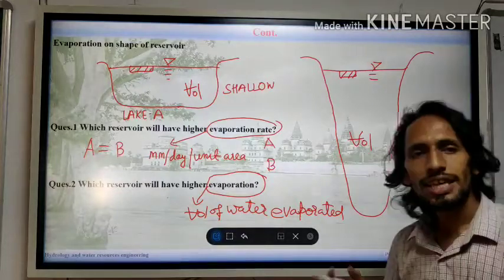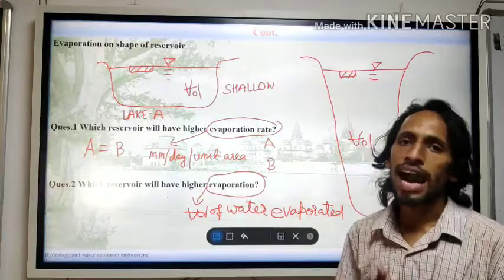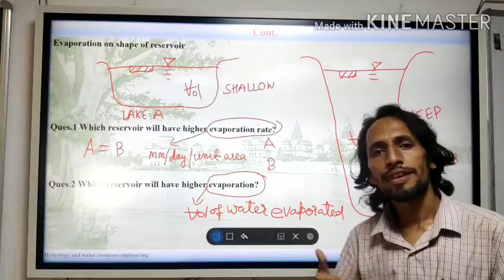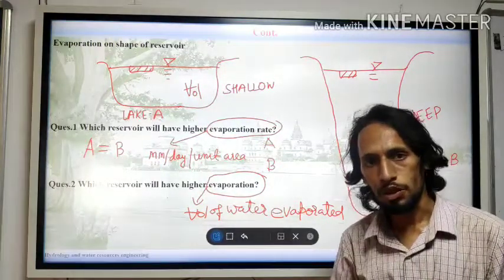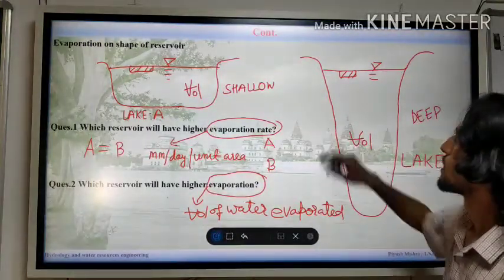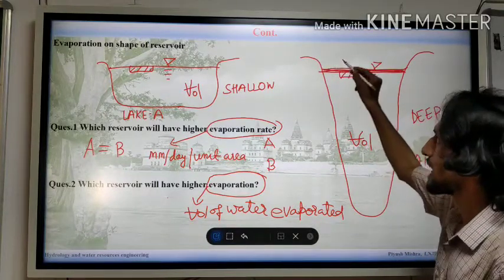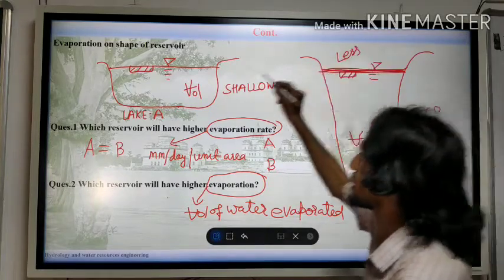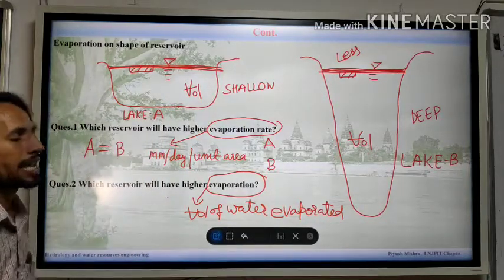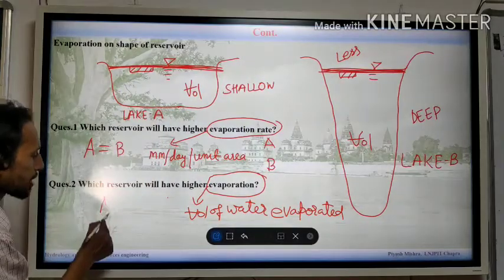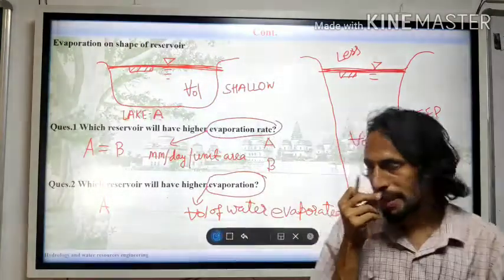So what is the correct answer? The lake which has higher free surface area will suffer more evaporation. If you see, this area is less and this upper area is higher for lake A, thus evaporation will be higher in the lake A. This is the main reason.